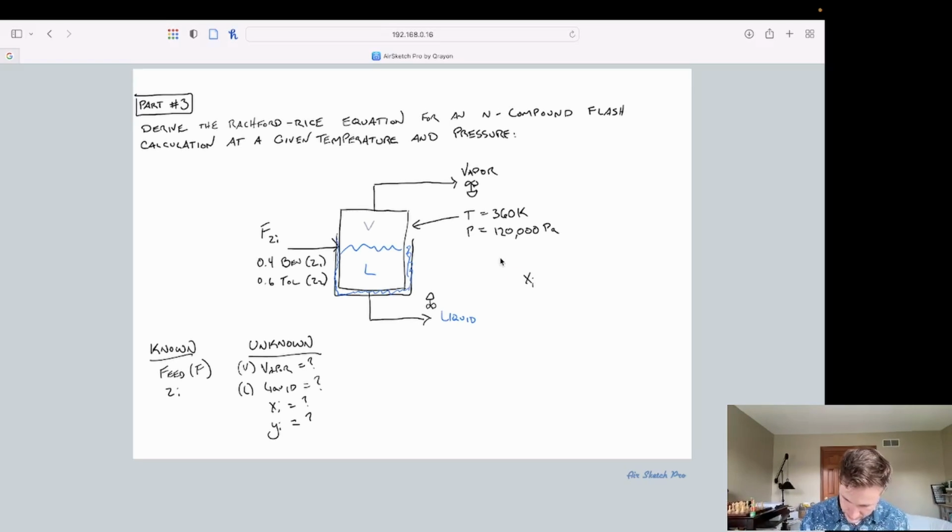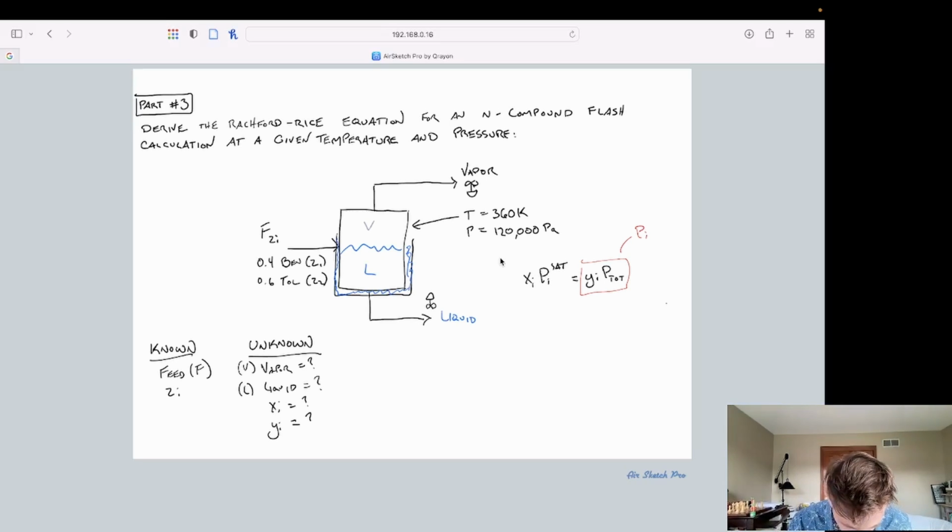Raoult's law, again, is the mole fraction in the liquid phase and its pure component vapor pressure, and that is equal to the mole fraction in the vapor phase multiplied by the total pressure of the system, which again, just to go back from the previous video, is the partial pressure for that particular component, benzene or toluene or whatever component that we're dealing with.